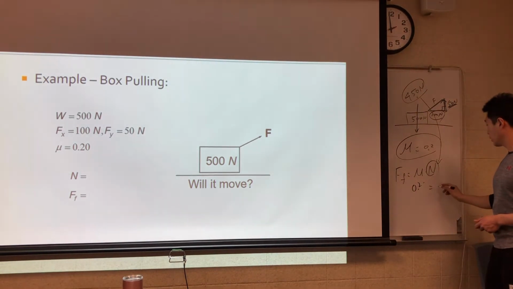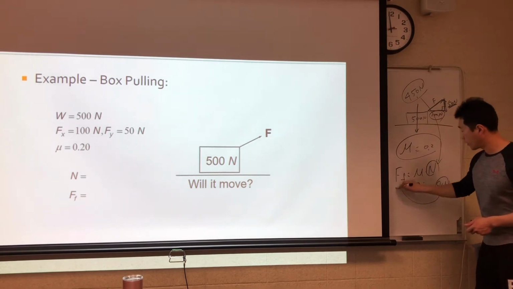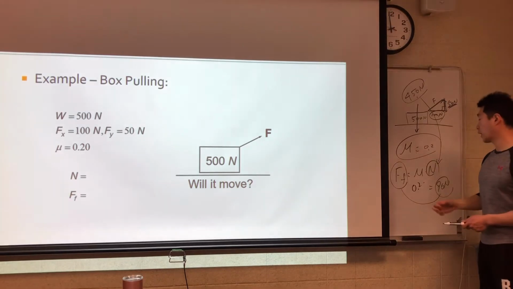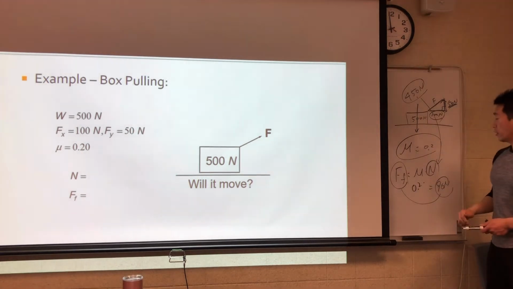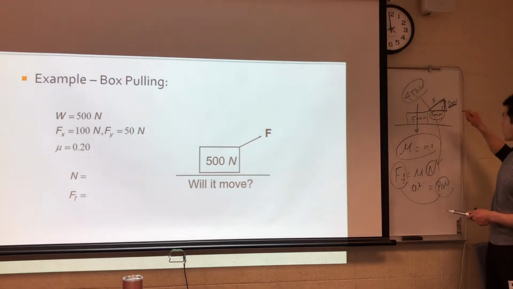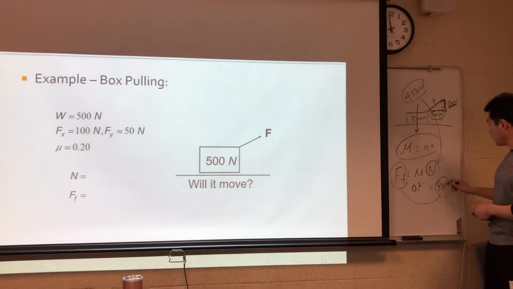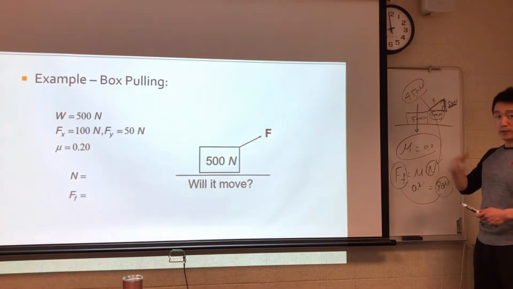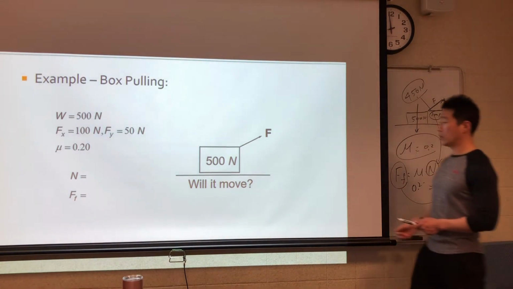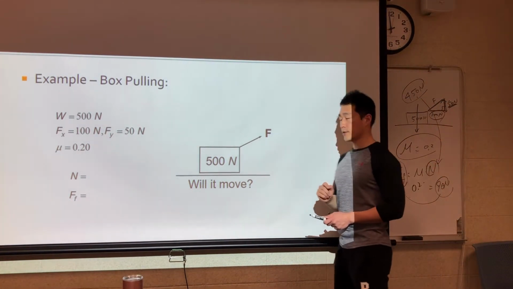Multiply these two, 90 Newton. This is for friction. Friction is 90 Newton. Let's compare this value with my horizontal force. Oh, my force is larger than friction. Then I will be able to move this box. So will it move? Yes.